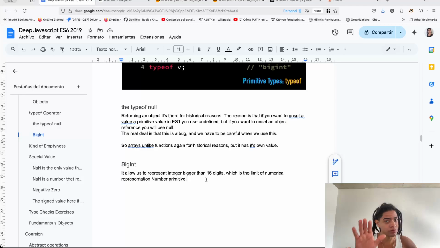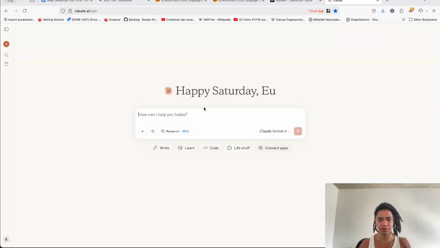It's interesting, but right now there is little applicability. It doesn't mean it doesn't exist, but for practicality, we focus on the problems we need to solve. So it allows us to represent integers bigger than 16 digits, which is the limit of numerical representation for the number primitive.